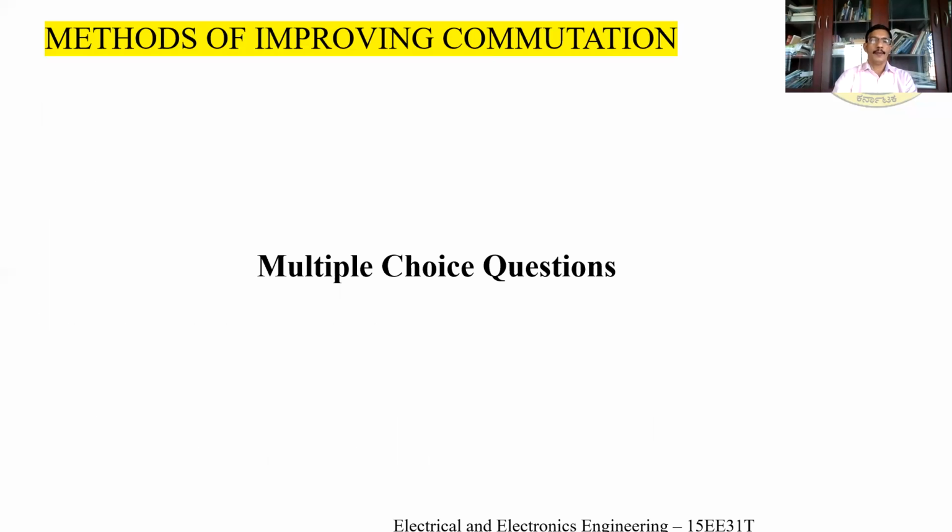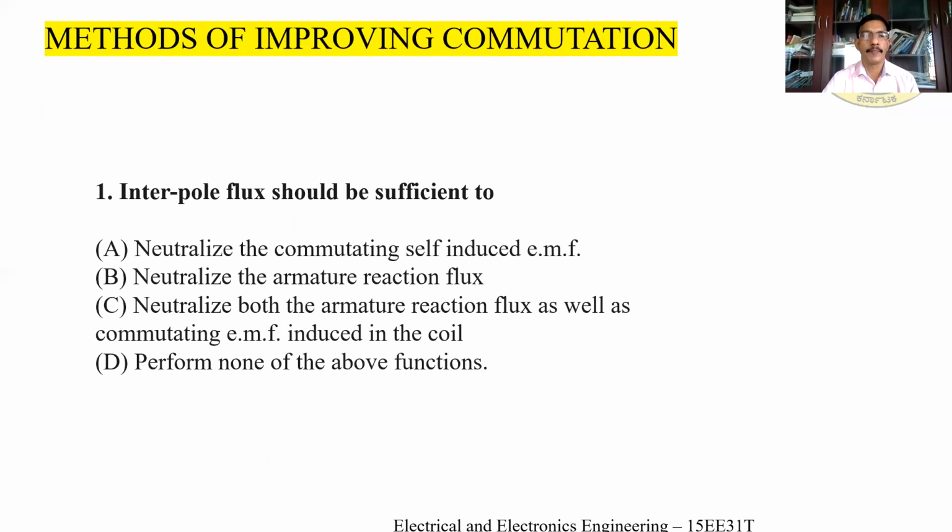Next, we will practice some multiple choice questions related to the methods of improving commutation. First one, interpole flux should be sufficient to: option A, neutralize the commutating self-induced EMF.